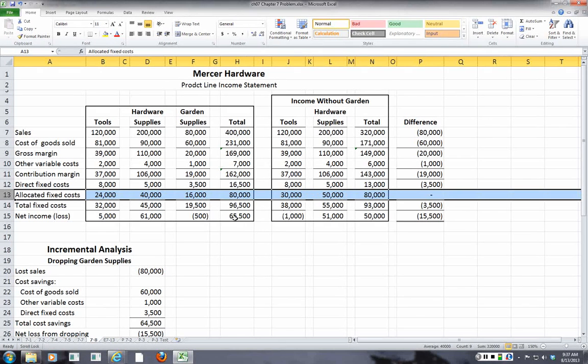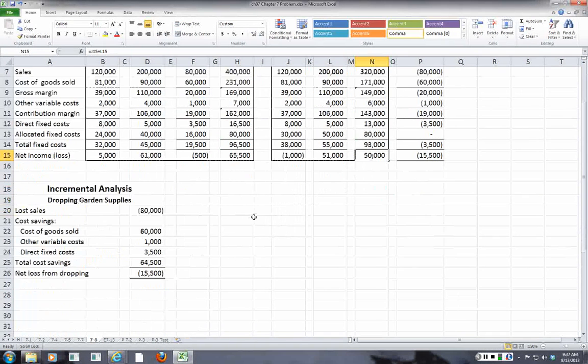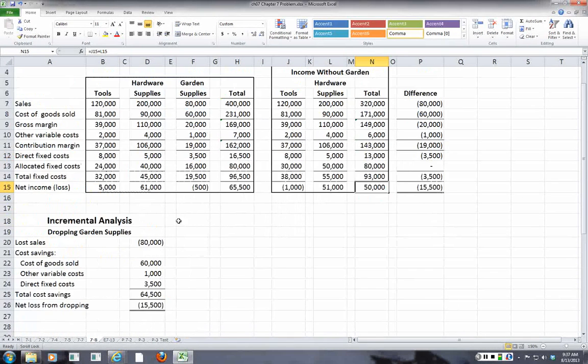So the profit goes from $65,500 down to $50,000. The reason is they lose $80,000 in sales, but the cost of goods sold only goes down $60,000, variable cost $1,000, $3,500 here. So the cost savings is $64,500, and so the net loss from dropping it is $15,500.